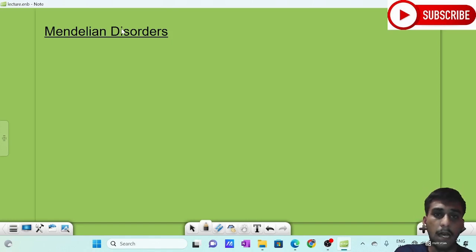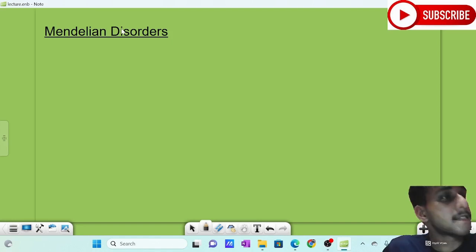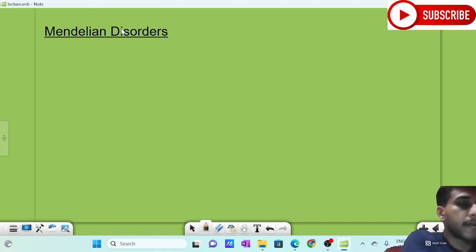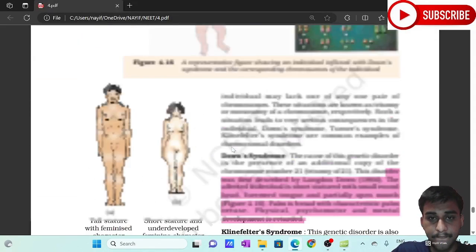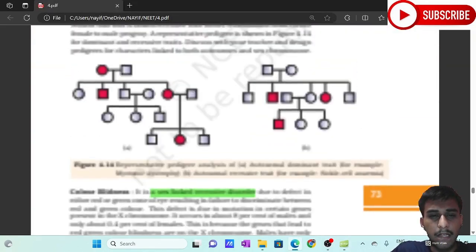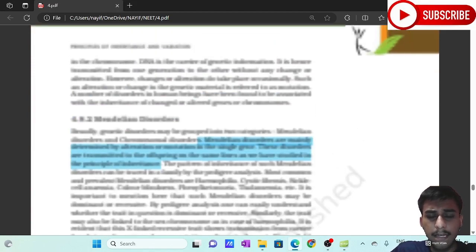In order to understand the passing over of this disease to the next generation, we need to understand how it is passed. So first of all, we need to understand pedigree analysis. There are certain shapes and structures we need to understand in pedigree analysis. What is pedigree analysis?